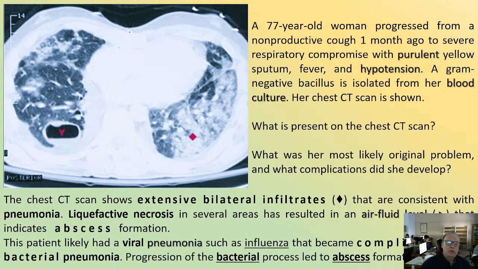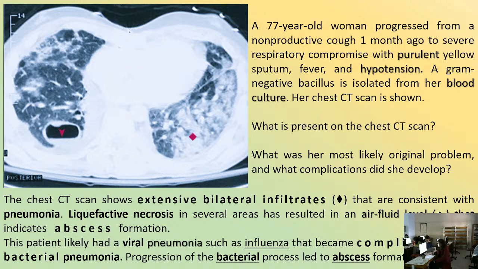So that could start as a viral pneumonia. However, since we see that an abscess has formed, virus is not the causative factor for abscess. The causative factor is bacteria for abscess formation. So it may have started as a viral pneumonia.